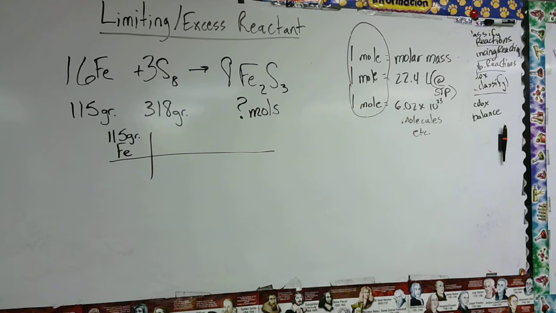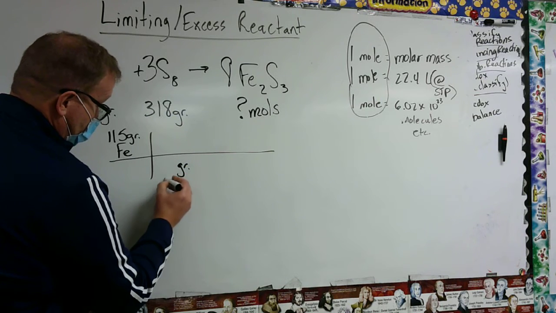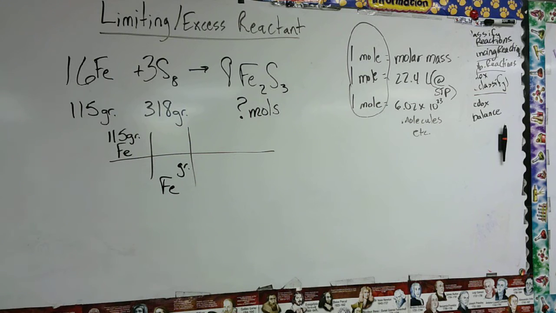What's the only thing you see right now? Grams Fe. Logical to me if we're going to cancel out. So we're going to go grams of Fe. What hasn't made an appearance yet? The mole.